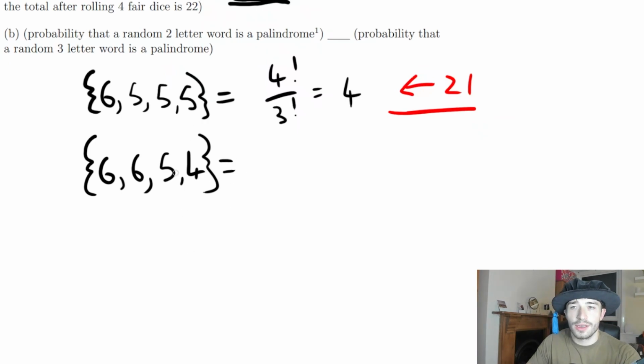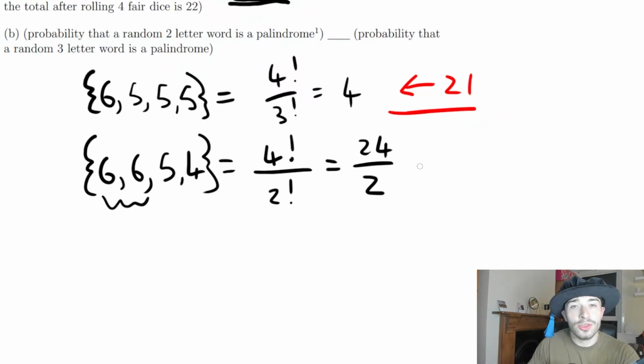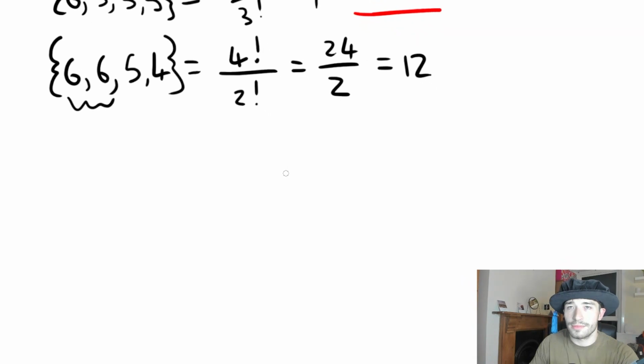Okay. So now instead, what have we got? So we've got n again is 4 factorial, divided by these are repeated, so over 2 factorial. So that means we have 24 divided by 2, and that means we have 12. Okay. Next one. 6, 6.